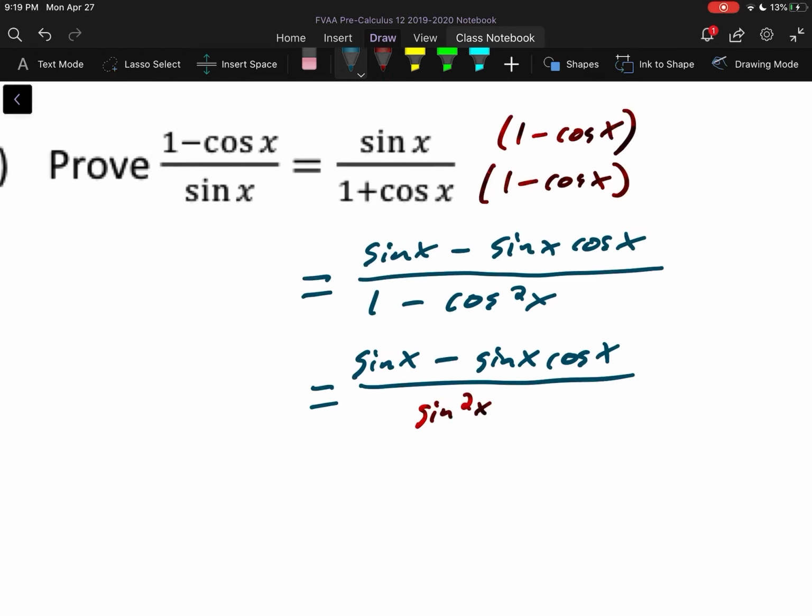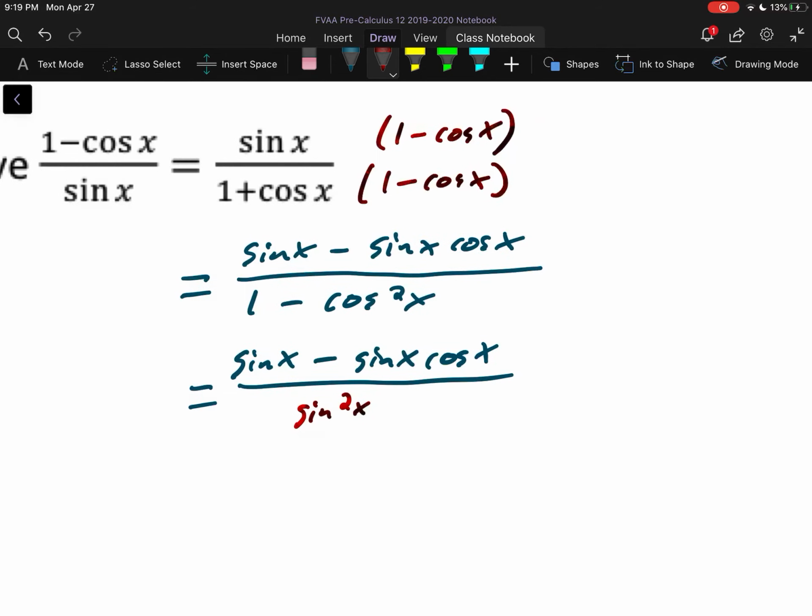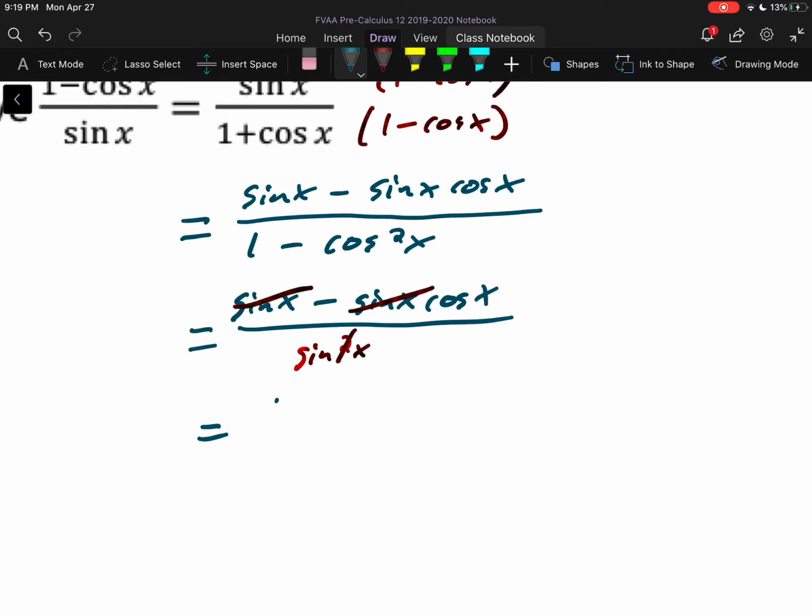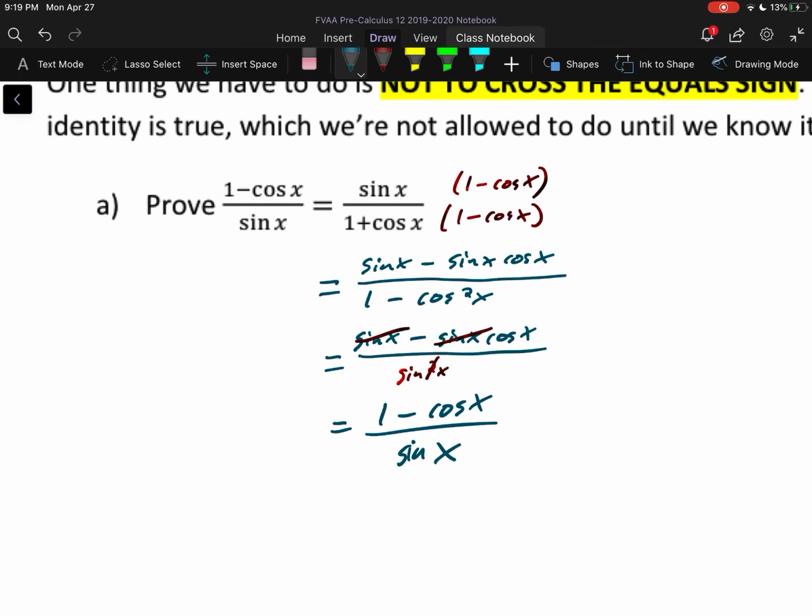Check it out if you don't believe me. And so now I can divide sine squared x on the top and bottom. So the sine here and the sine here would cancel out the 2, which would leave me with 1 minus cos x over sine x, okay? And lo and behold, that's exactly what we have here. So I've proven my identity, okay?